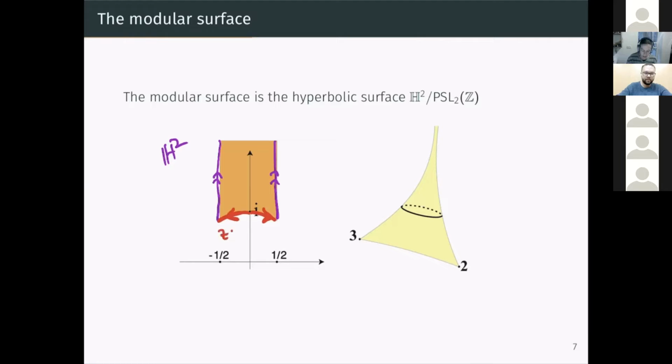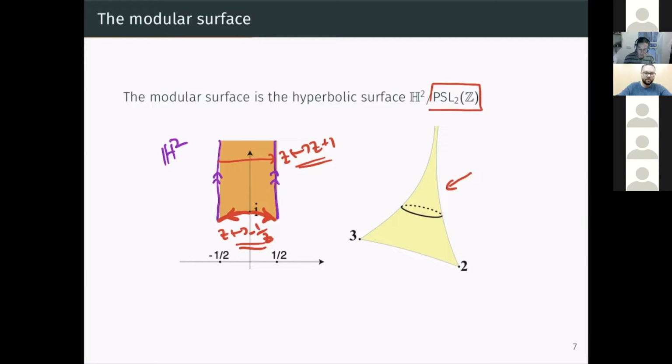So z goes to -1/z, and this gluing is z goes to z plus 1. The group generated by these two mappings is a discrete subgroup of isometries of the hyperbolic plane. If you take the quotient by this subgroup, you get this hyperbolic surface shown here. This is called the modular surface.